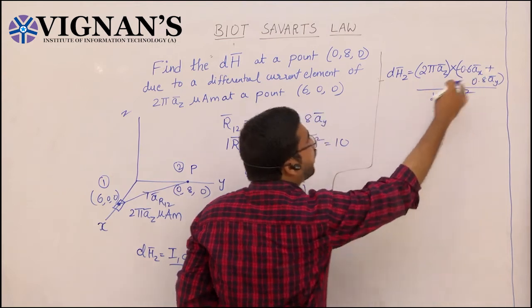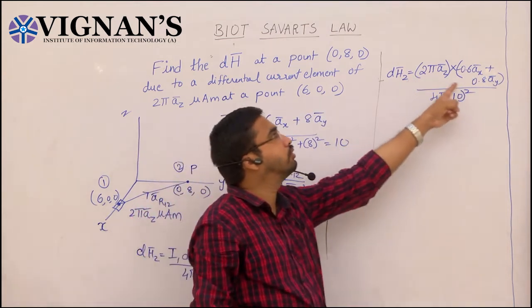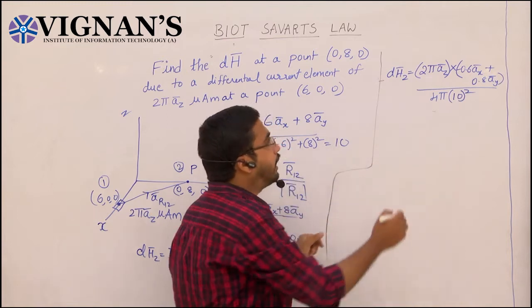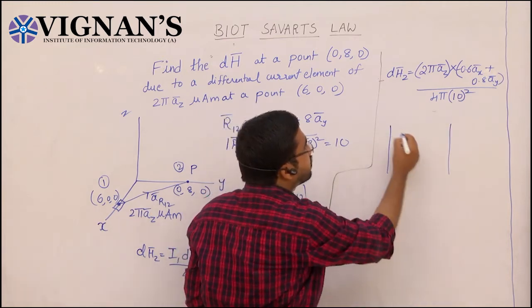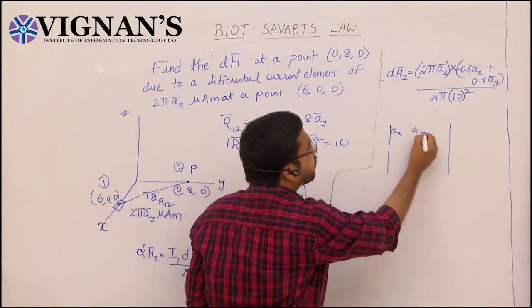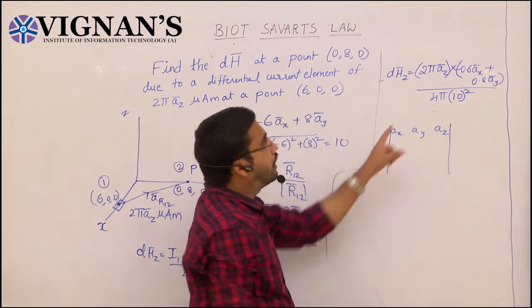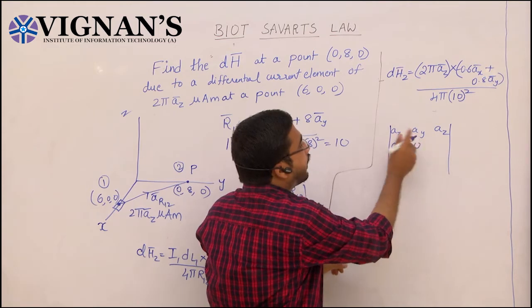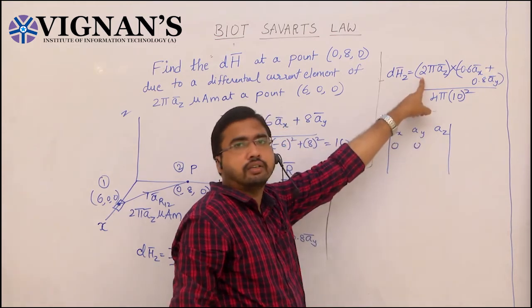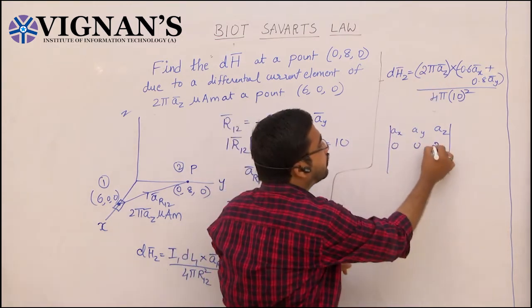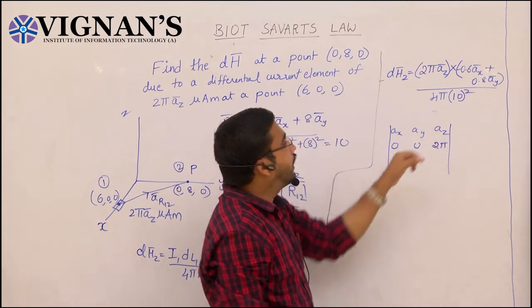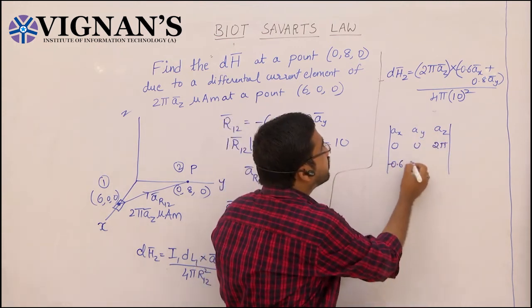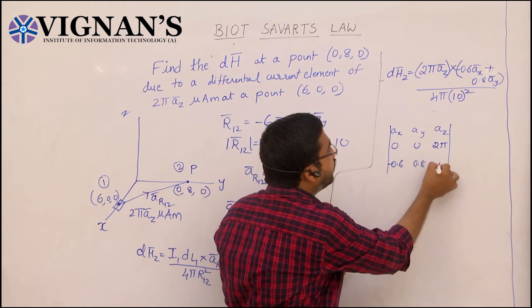So to find the cross product of these two, we are considering the Cartesian system Ax, Ay and Az. What is the first vector? That is 2 pi Az. There is no x and y component in this first one, only z component is there, that is 2 pi. Next here minus 0.6, plus 0.8 and 0.